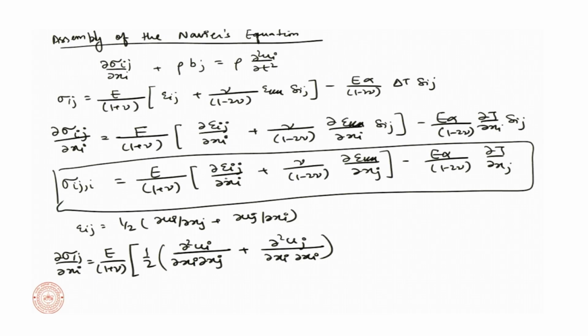Okay, so this del xi we are taking inside this bracket and multiplying with both the terms, plus nu over 1 minus 2 nu. So, it is del square uk del xj del xk, and the other term is the same, E alpha delta T over 1 minus 2 nu del T by del xj. Okay.